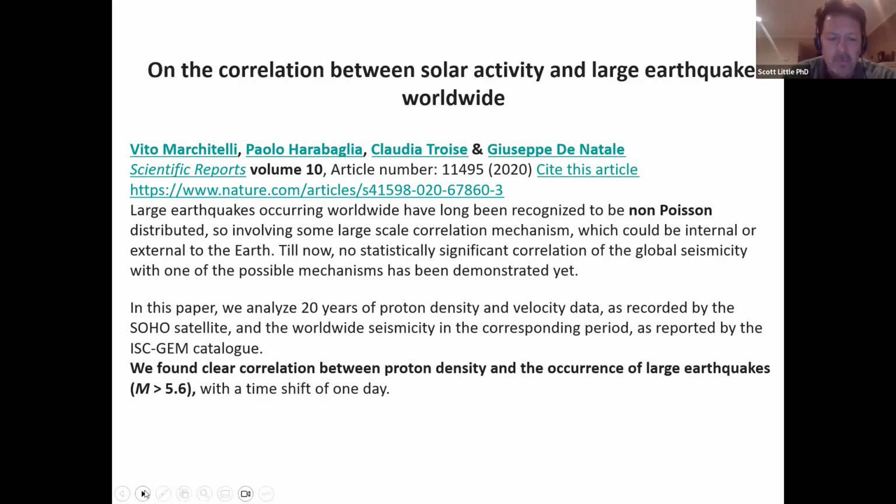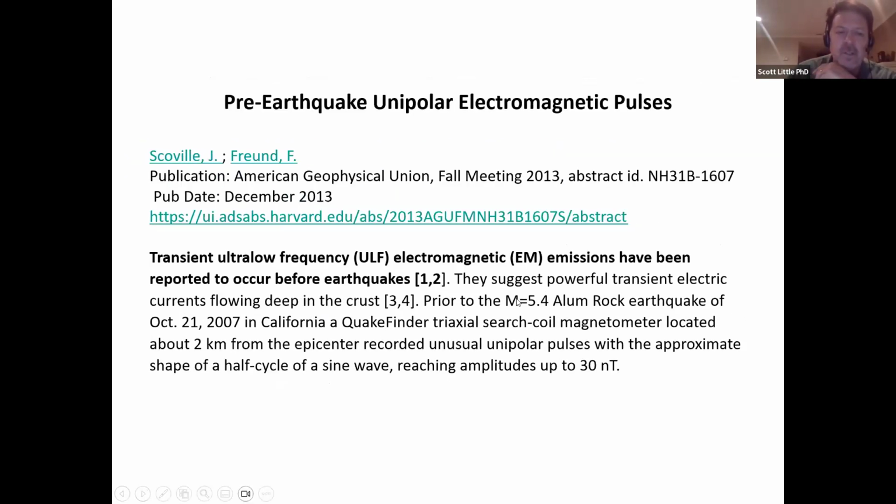So that was one paper. And then there's this other one, pre-earthquake unipolar electromagnetic pulses, where they're actually measuring low frequency EMP that is occurring before earthquakes. For the Lumrock earthquake of 2007, they used a magnetometer about 2 kilometers from the epicenter and recorded these pulses right before that earthquake happened.